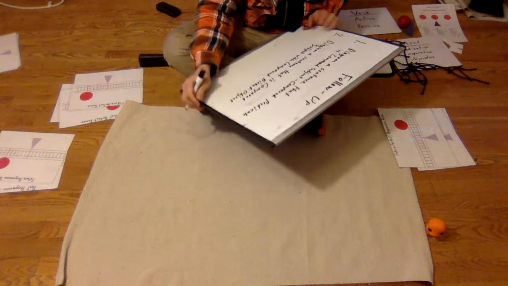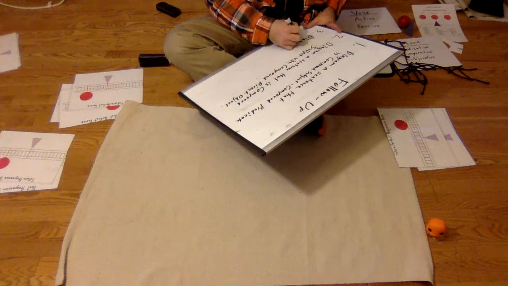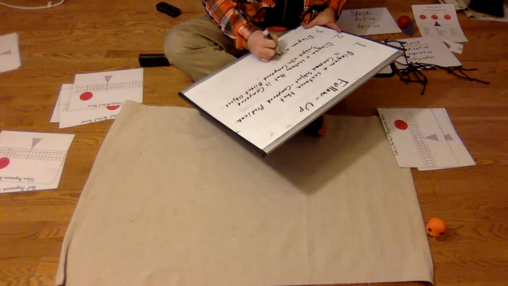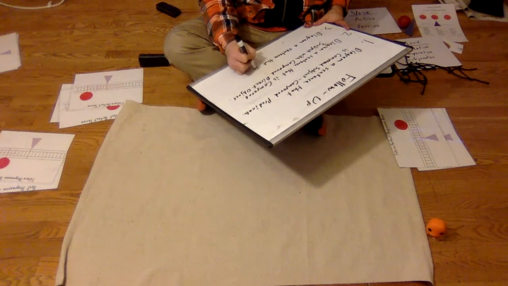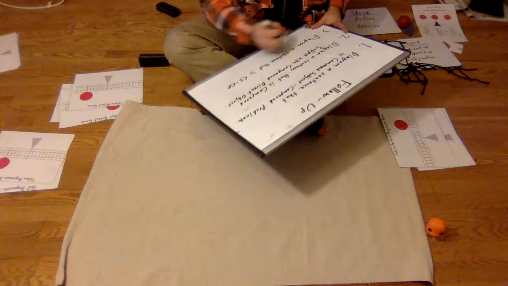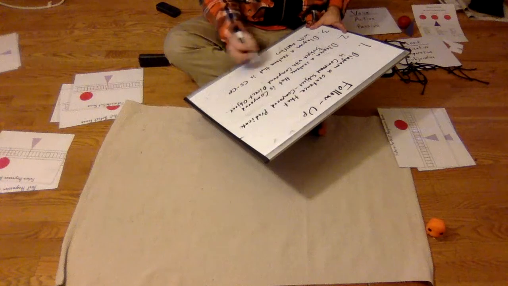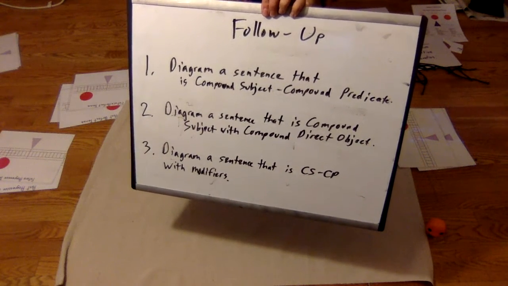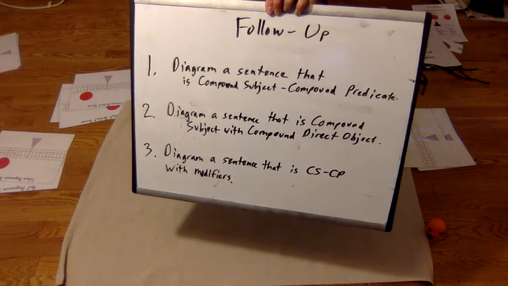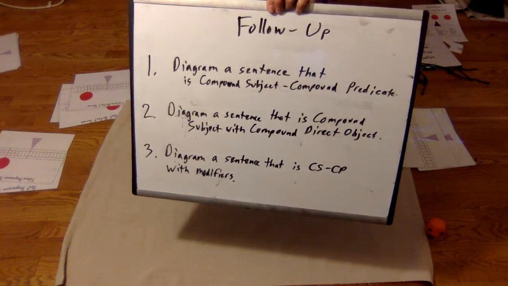We get to do that one because that's the one I messed up with. And three, diagram a sentence that is compound subject, compound predicate with modifiers. I added a direct object. You can just do adjectives and adverbs if you'd like.